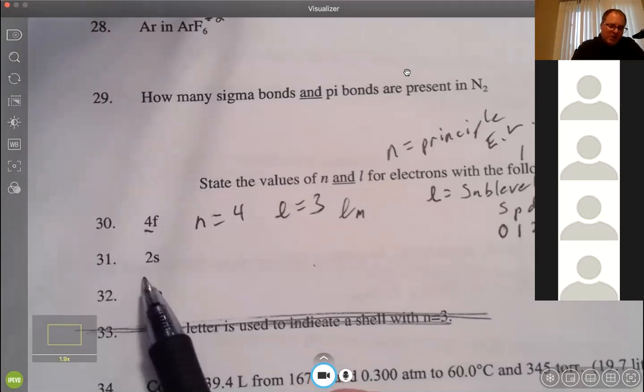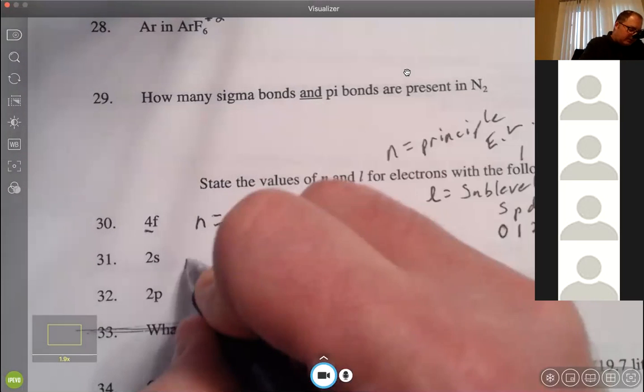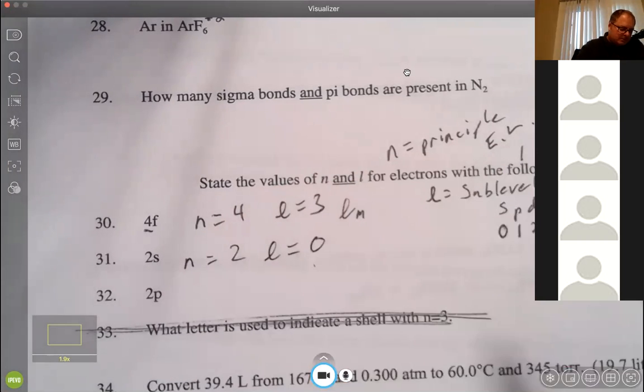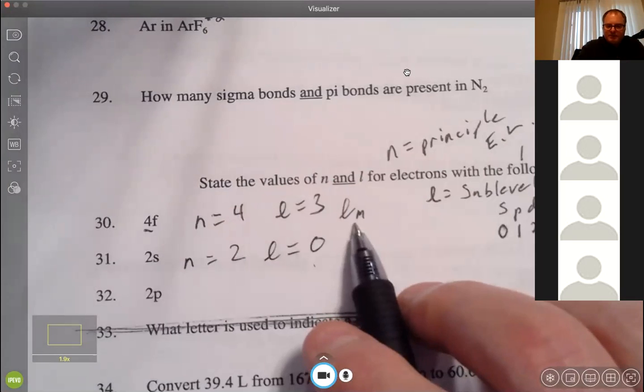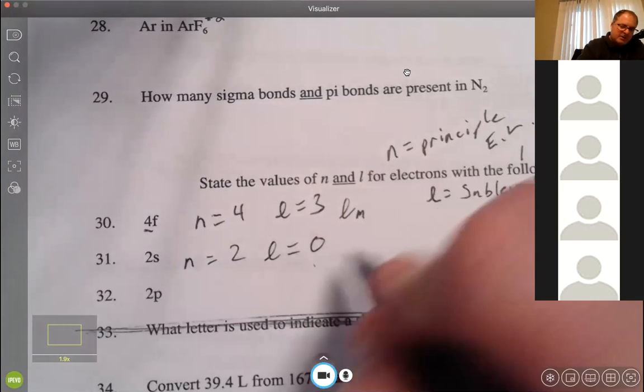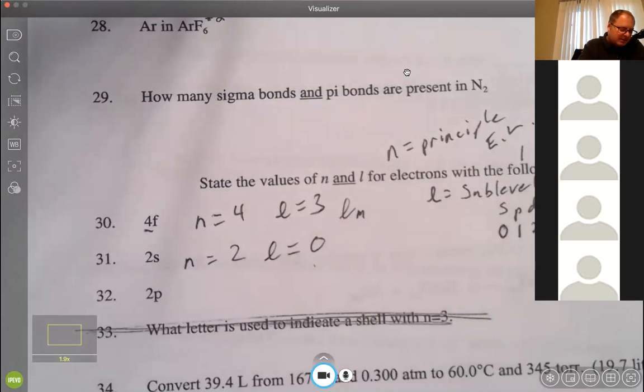So for 31, N equals 2, L equals 0. There's only one M sub L for the S because it's 0. There's no positive and negative 0.